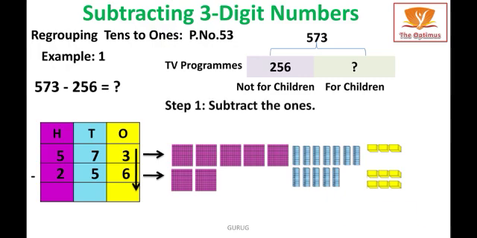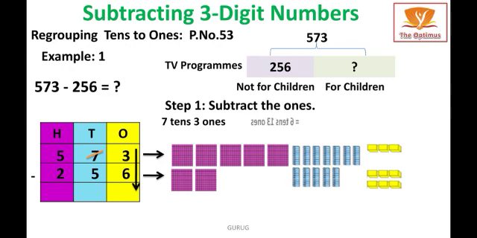Step 1, subtract the ones. In the ones place, we have 3 in the minuend and 6 in the subtrahend. It's not possible to subtract 6 from 3. So we are going to regroup tens to ones. In the tens place, we have 7 tens. So we regroup 6 tens plus 1 ten.